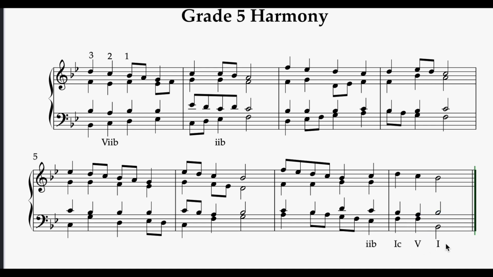Now, all I'll say with the 1C51, chord 1 second inversion going to 5, the traditional way to deal with this is to double the inverted fifth. So the F on the bottom.